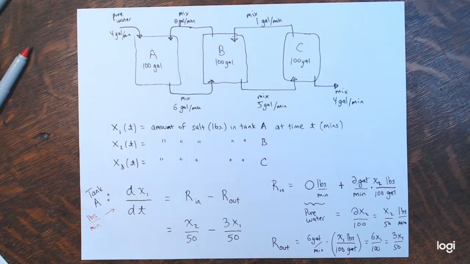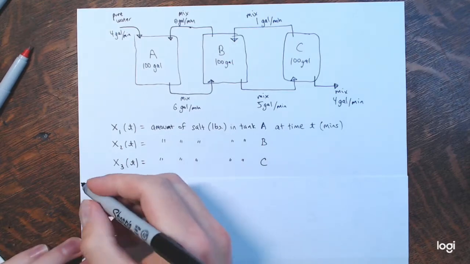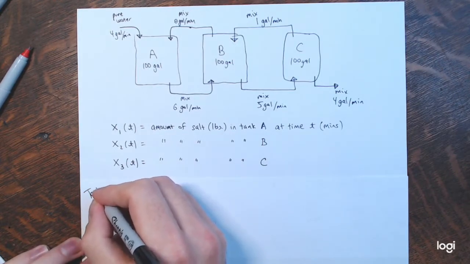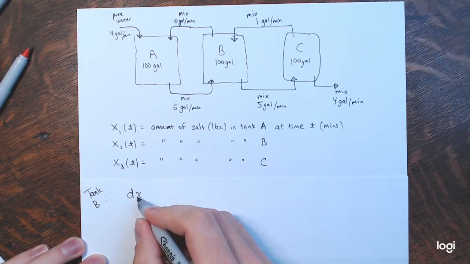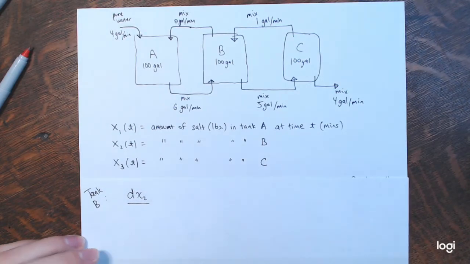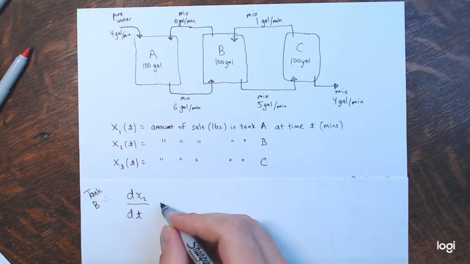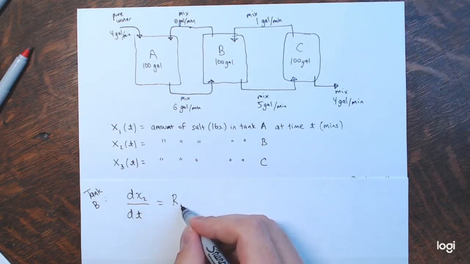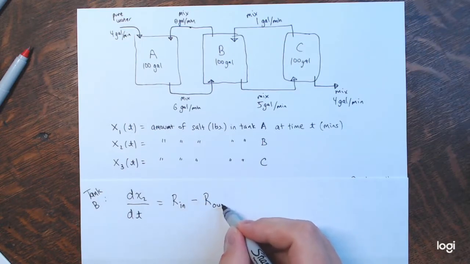All right, so that's tank A. Second equation will relate to tank B. So again, the setup will be dx2, because the amount of salt at any moment in tank B is labeled x2. dx2/dt again will be the rate at which salt is going into the tank minus the rate at which salt is going out of the tank.